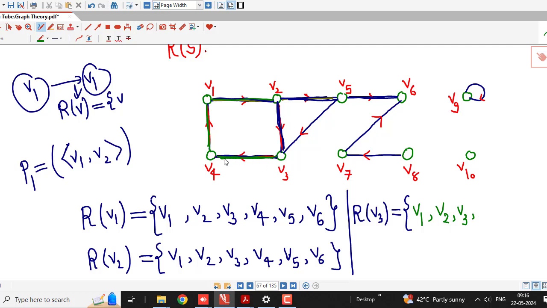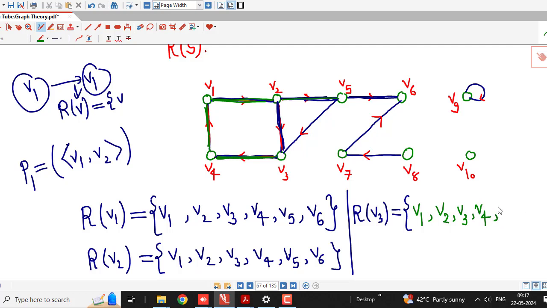What about v4? For v4 we have this simple path. For v5 we cannot go in this direction, there is no edge from v3 to v5, but if we observe, if we go along this path, then we are able to find a path from v3 to v5.